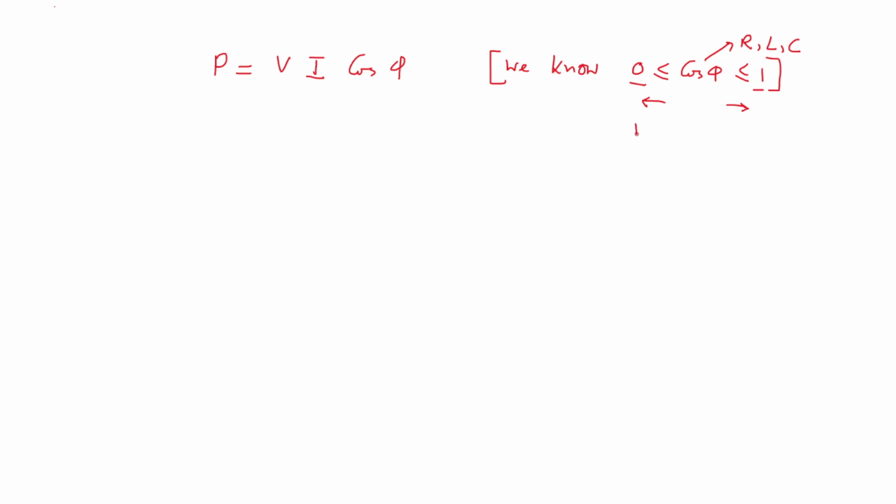From the impedance triangle we have seen that the horizontal phasor is R, the vertical phasor is j omega L, and the resultant phasor is Z. This angle is phi, so tan phi will be omega L by R. From there we can calculate cos phi, which equals R by Z, where Z is equal to root under R square plus omega square L square.